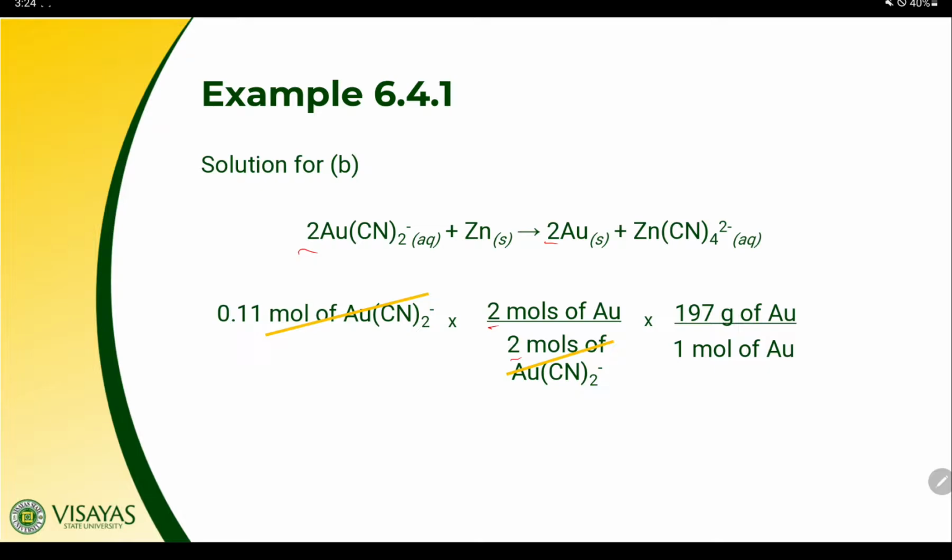So now we cancel the units. The units which can be found both in the numerator and the denominator are cancelled. Then we multiply the numbers in the numerator divided by the numbers in the denominator, and we get 21.67 grams of gold. So that's it for the solution in the second question.